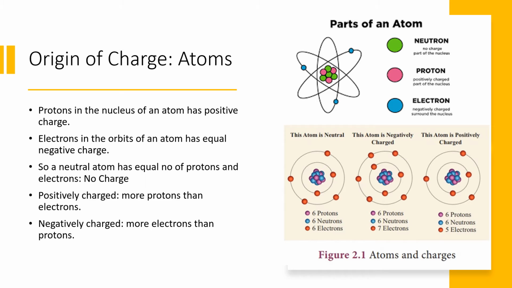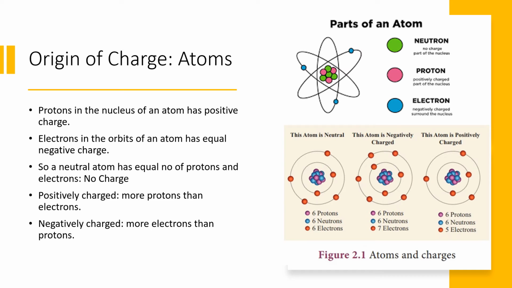We also have electrons in orbit around the nucleus, and electrons have negative charge, equal in amount to that of protons. So in a neutral atom, the total amount of charge, or net charge, is zero, because we have an equal number of protons and electrons.